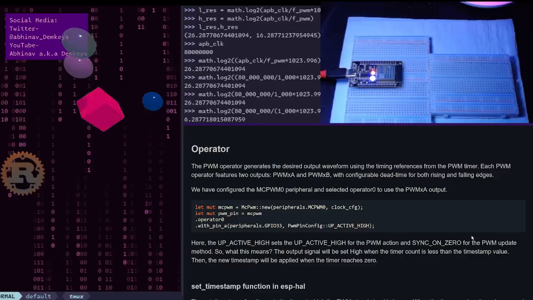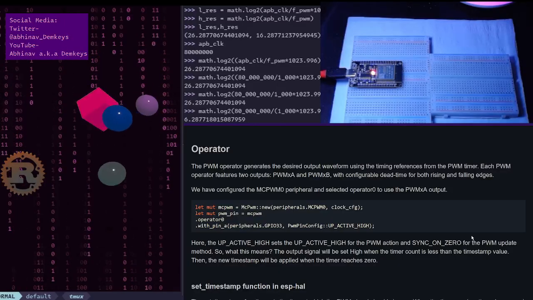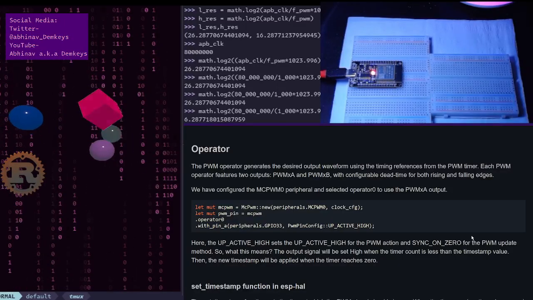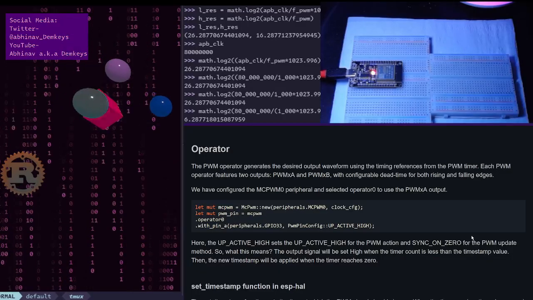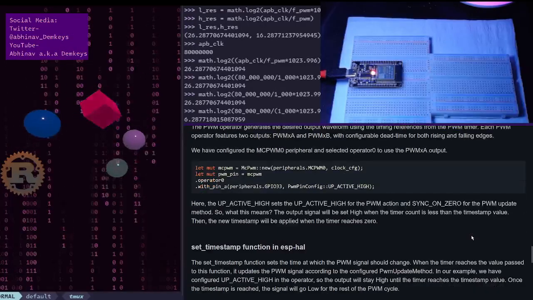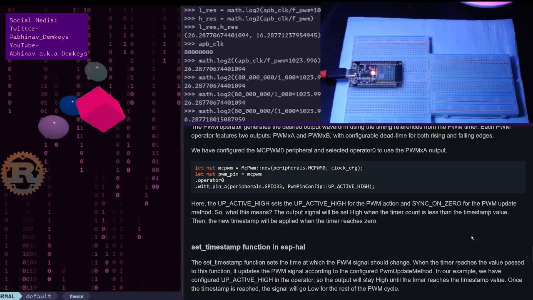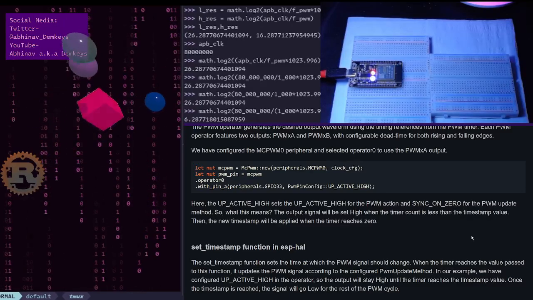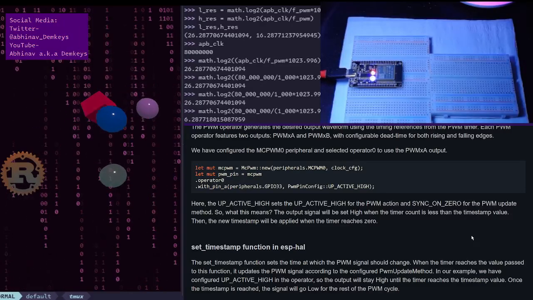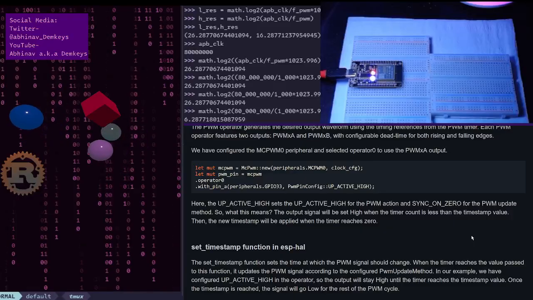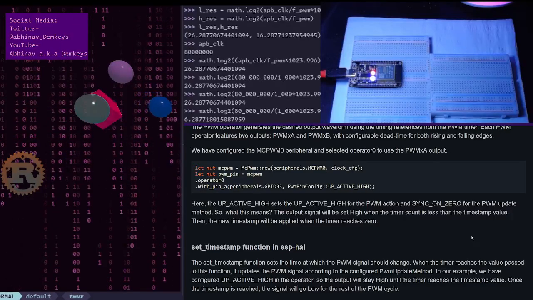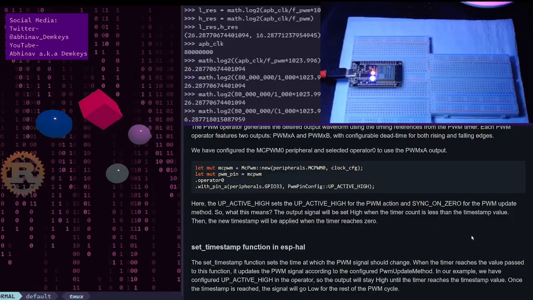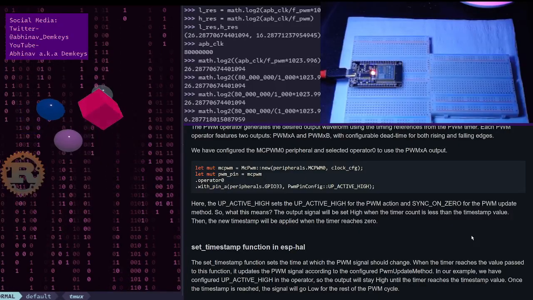We have configured the MCPWM0 peripheral and selected operator 0 to use the PWM-A output. Here, the up active high sets up active high for the PWM action and sync on 0 for the PWM so on.